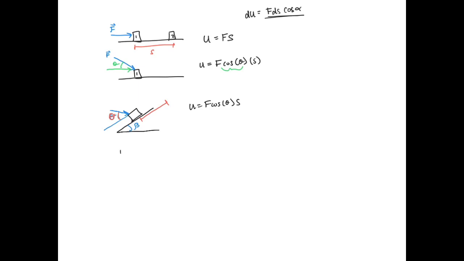So just to reiterate, work is equal to the force times the distance, but only the force along the line of action. Work is denoted as U. If we know the two positions, we would say work from position 1 to position 2 is equal to the integral from 1 to 2 of the force dot product dr, and we use the dot product here to indicate only along the path of motion.